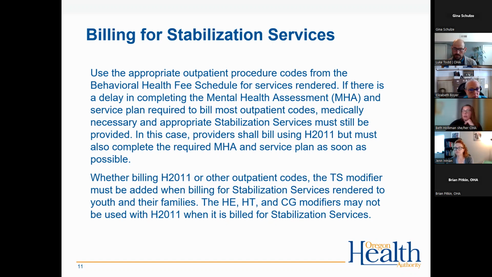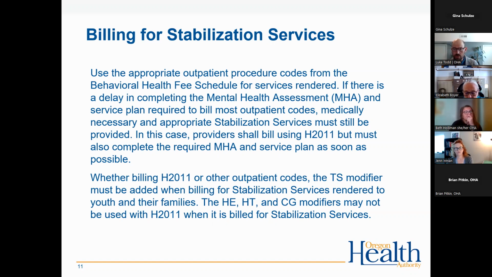So Tammy has a good question: how long would you apply the TS modifier? Ideally it all happens pretty quickly, but we do know that sometimes families aren't available or things happen. This is clear in rule: the stabilization services period can extend up to 56 days.